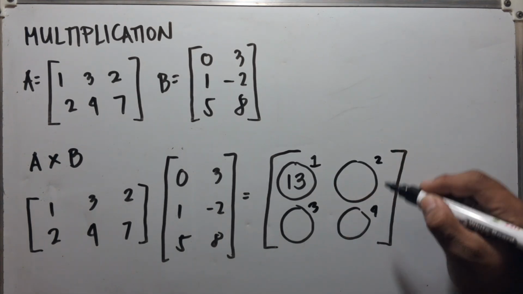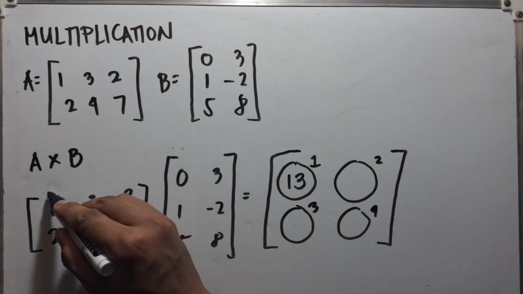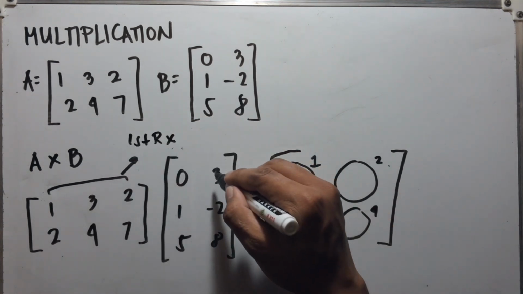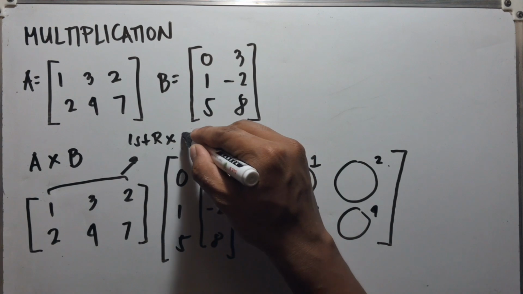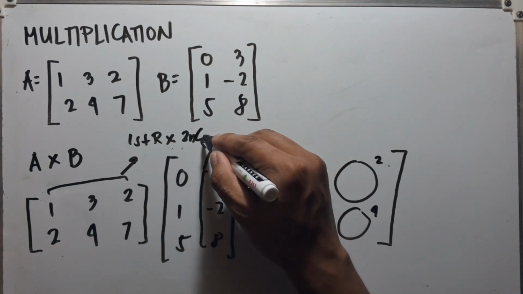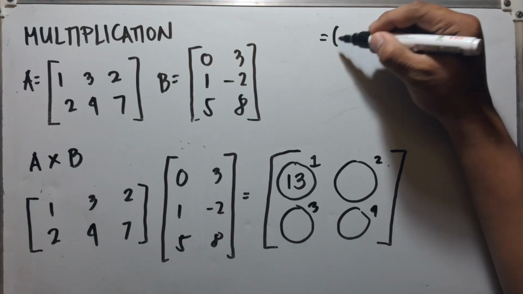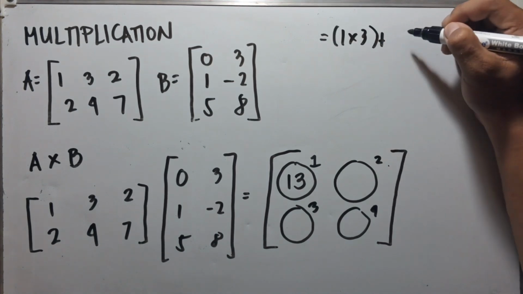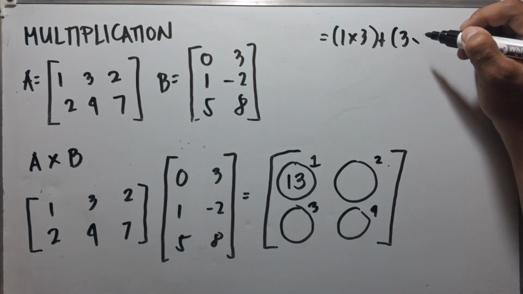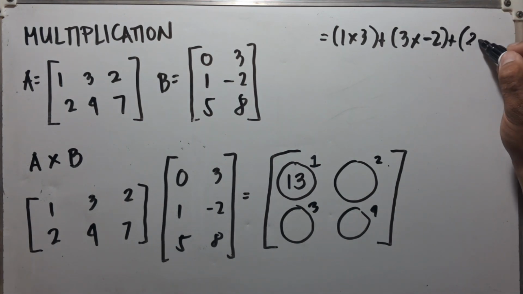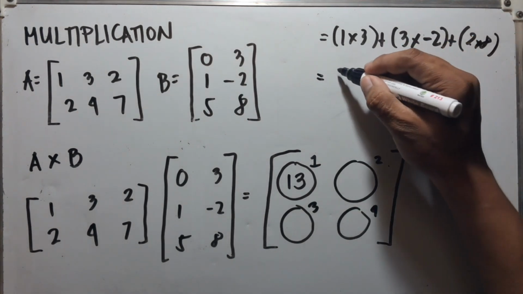Note that the order should be like this: 1, 2, 3, and 4. For the second answer, we'll have the first row of matrix A multiplied to the second column of matrix B. That would be 1 times 3 plus 3 times negative 2 plus 2 times 8.